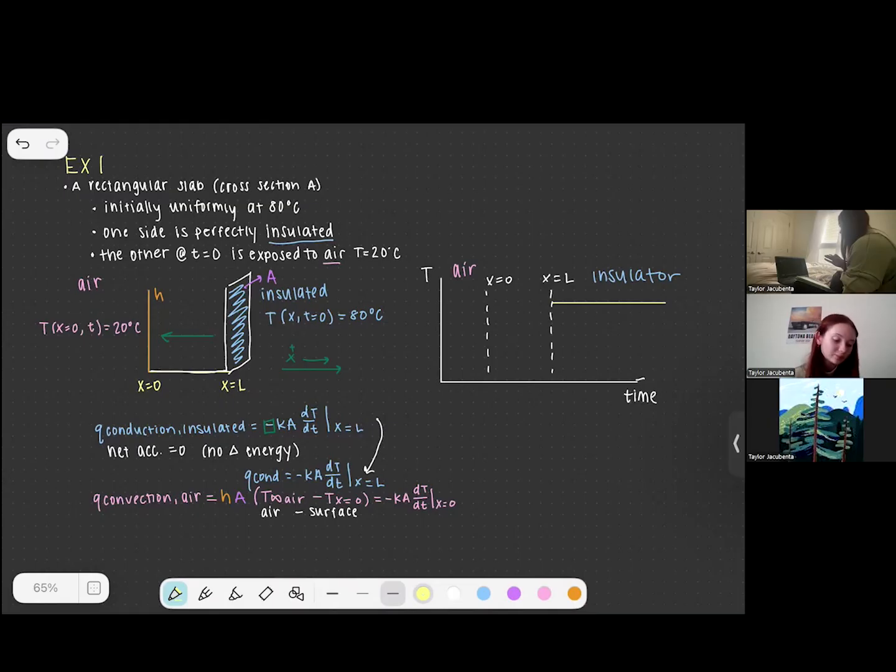And then as we cross from position x equals L to x equals 0, we're going to have a drop, but the steepest drop is going to be from the left side to air, and that is because the biggest change in temperature is going to have the steepest drop.